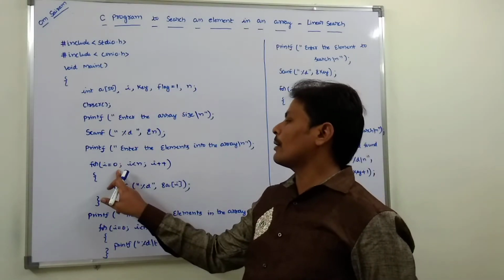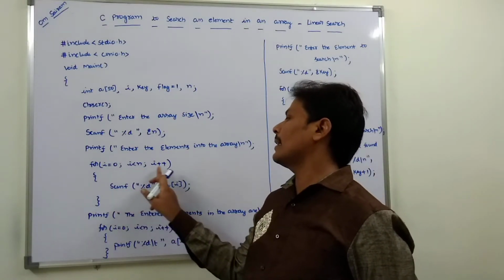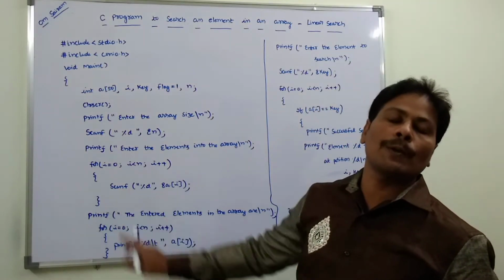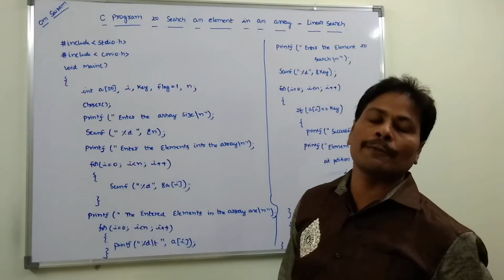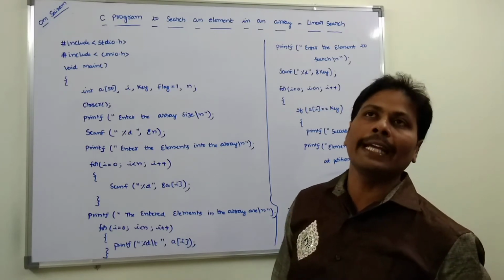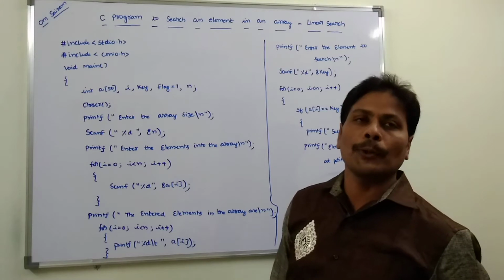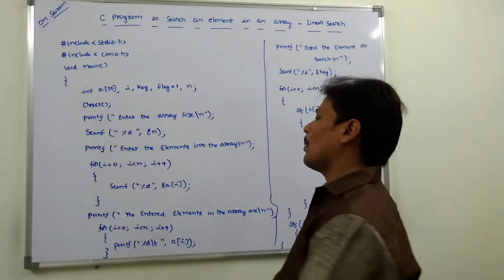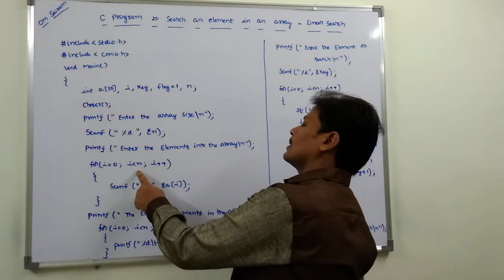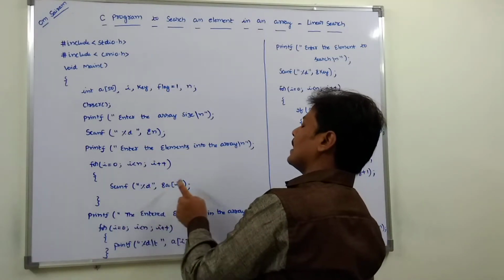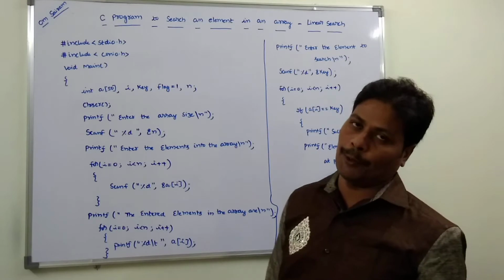So for I is equal to 0, I less than n, I plus plus. For that purpose, we use the scanf function, which is used for reading values from the keyboard so that they are stored in the array. I is equal to 0, 0 less than n, condition true, scanf percentage d ampersand a of 0.